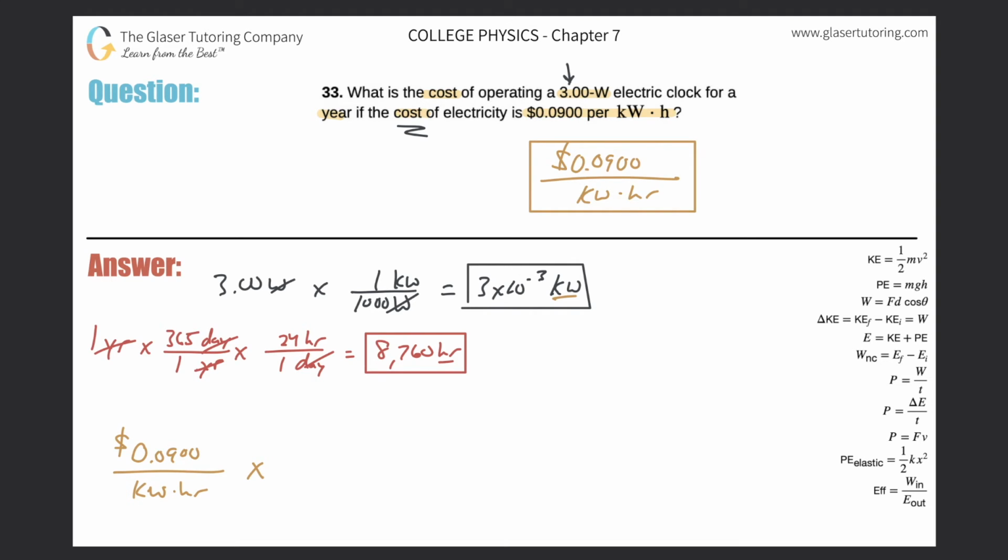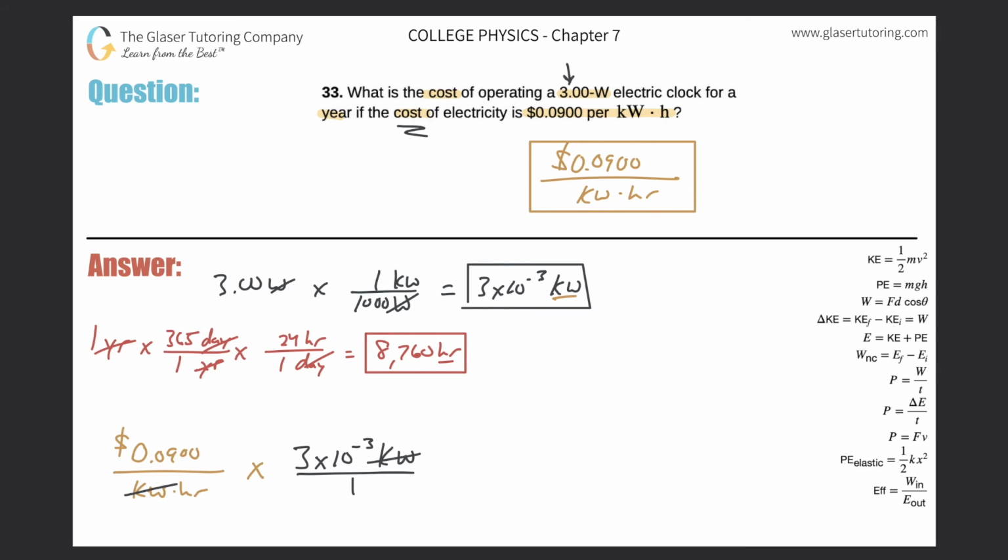So where shall we put this value? Well, it's going to be in the numerator, right? So I'm going to now multiply by 3 times 10 to the minus 3 kilowatts. And if you wanted to, you could put this over 1. That's totally fine. But what's going to happen to the kilowatt?